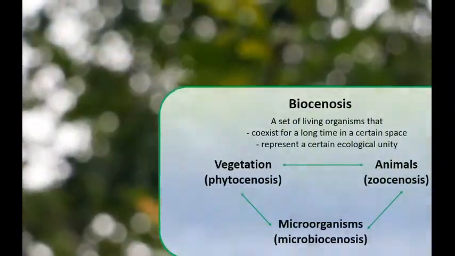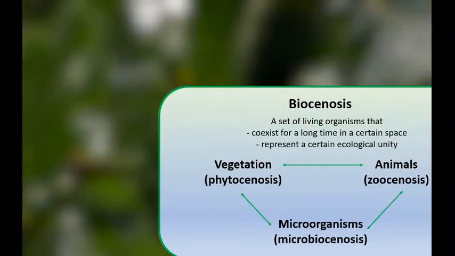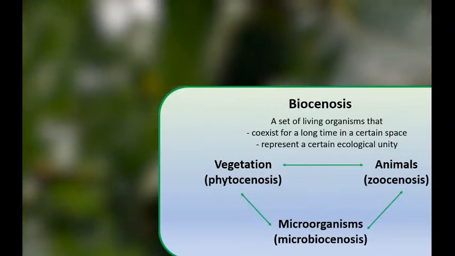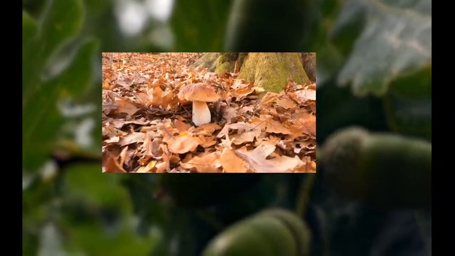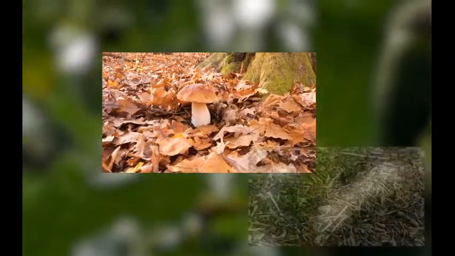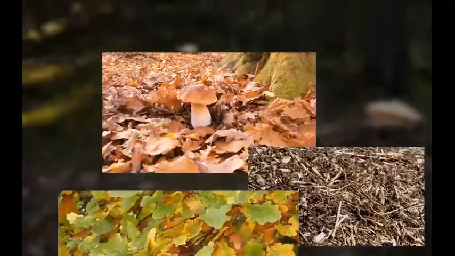To make it clear, a biocenosis is a set of living organisms that coexist for a long time in a certain space and represent a certain ecological unity. Now then, we chose organisms that are part of the biocenosis because we thought about the topic of universal codependency.